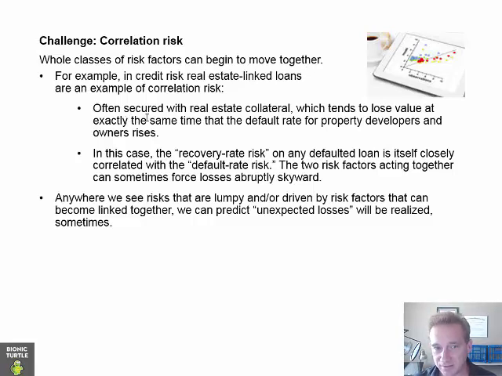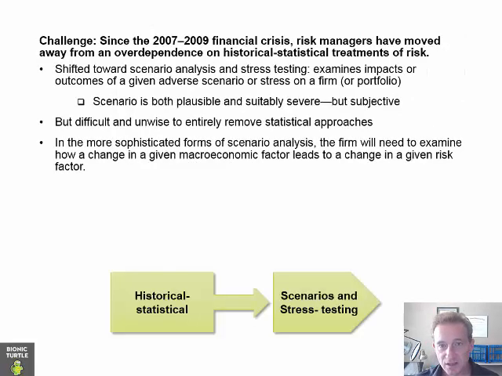They operationalize that in the instance of real estate linked loans, where the loans may be secured by real estate collateral, but that collateral is losing value at the same time that the probability of default or default rate is increasing. And so this is operating on both the probability of default and loss given default variables and increasing the overall risk, so they act together. That correlation risk is wrong way risk.